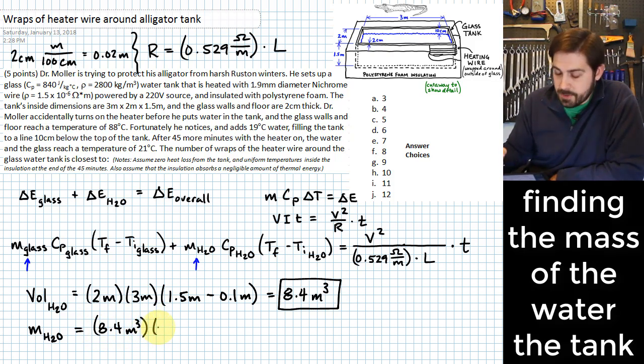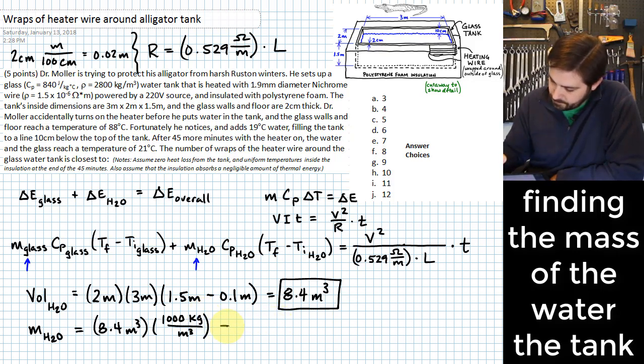And one expression for density of water is 1,000 kilograms per cubic meter. So this tells me that I will have 8,400 kilograms of water.